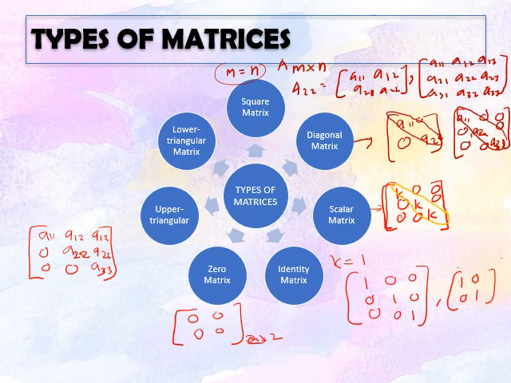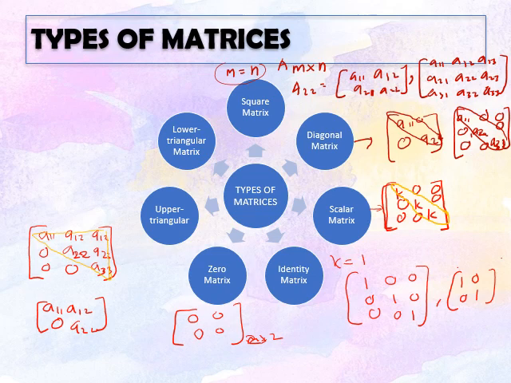You can see it's like a triangle above the diagonal, so we call it upper triangular. If it is second order, A11, A22, A12, so here will be 0.